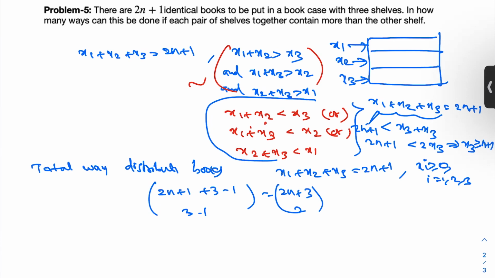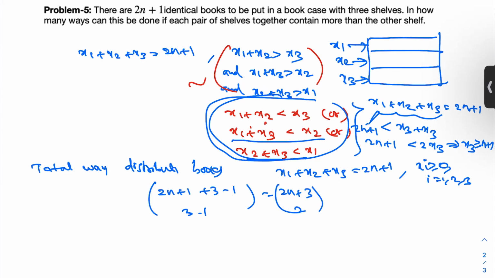So this condition is equivalent to saying that x3 is greater than or equal to n plus 1. This condition will be equivalent to saying that x2 is greater than or equal to n plus 1. This condition will be equivalent to saying that x1 is greater than or equal to n plus 1. So these conditions are equivalent to saying that at least one shelf contains n plus 1 or more.